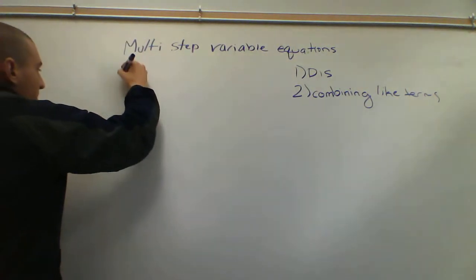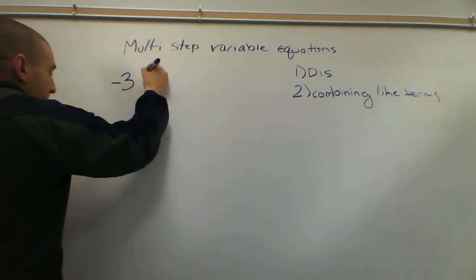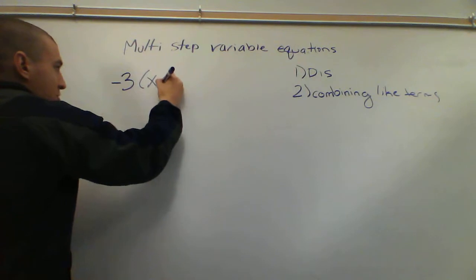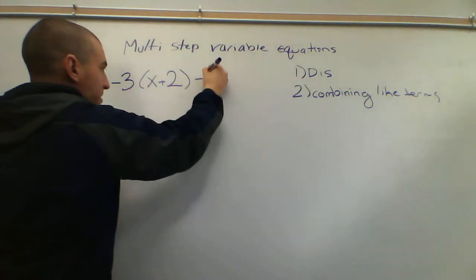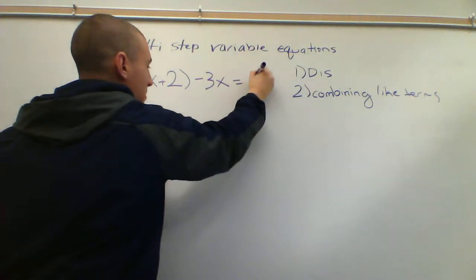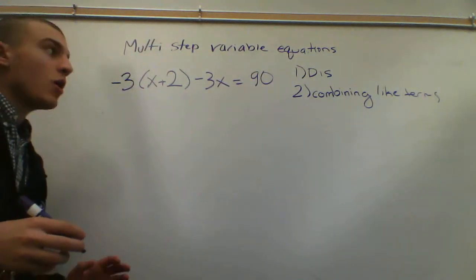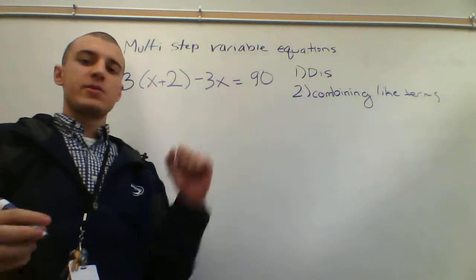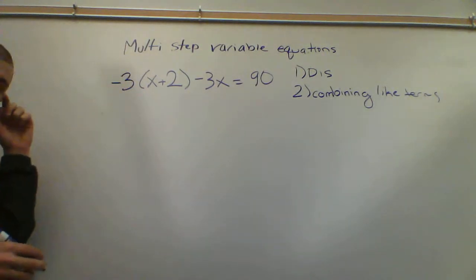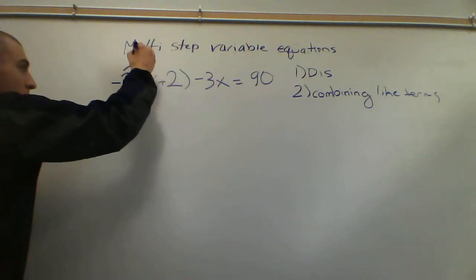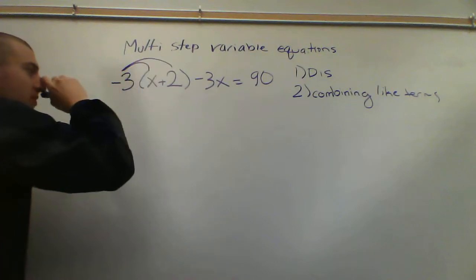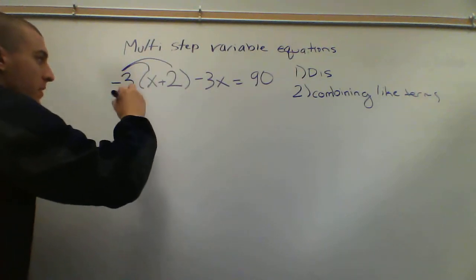So here we have negative 3 times the quantity x plus 2, minus 3x equals 90 degrees. Okay? So our first thing, let's look at it. First thing we have to do is our distributive property. Right here, our distributive property. Negative 3 times x, and negative 3 times 2, right?